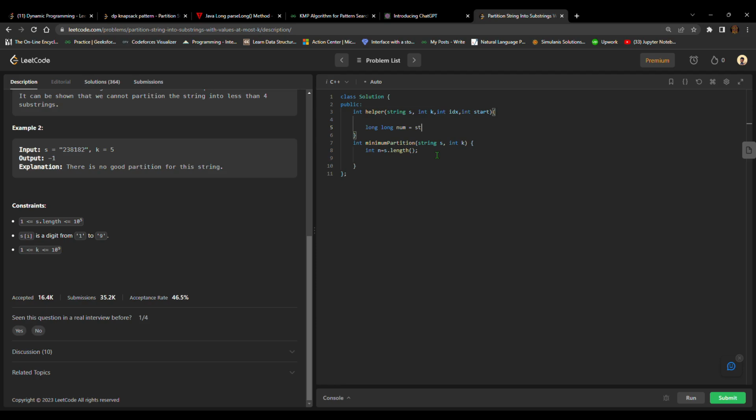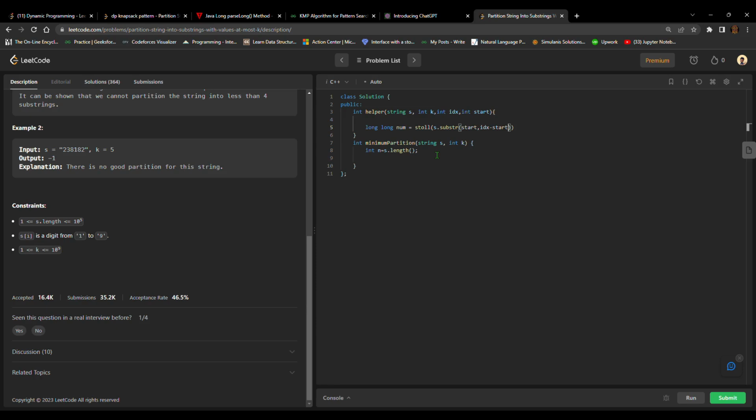We can also convert strings into a long integer by using stoll, and s.substr basically generates substrings of that string from the index start that we provide, and the second parameter it requires is what length you want from that start. So I want a length of idx minus start.